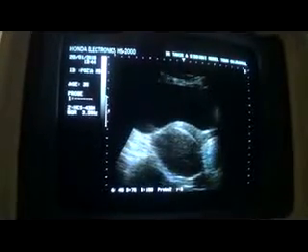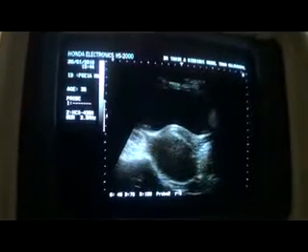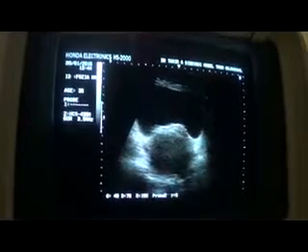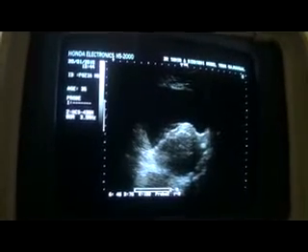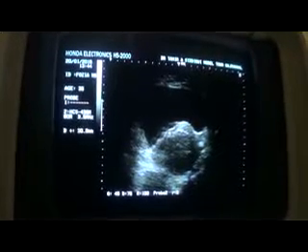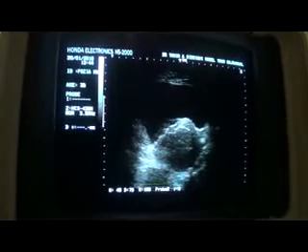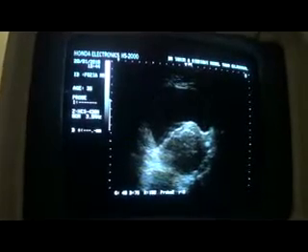Keeping the picture of the uterus in the center of the screen, I give a 90-degree sweep to the probe to get the transverse section of the uterus, and here I get it. This is the uterus, measuring 3.7, it's okay, and this is the endometrial canal. This is part of the fibroid, posterior to the urinary bladder.